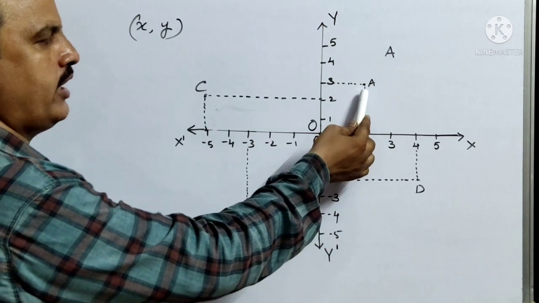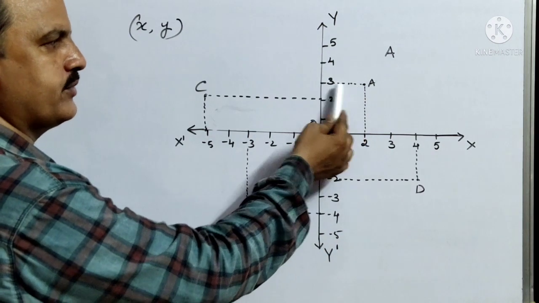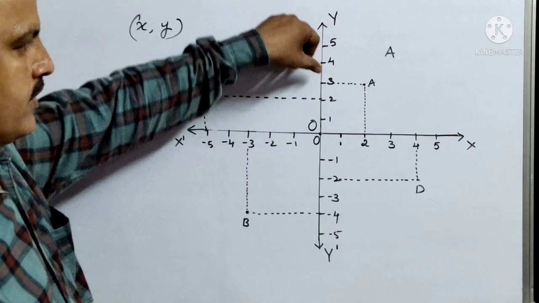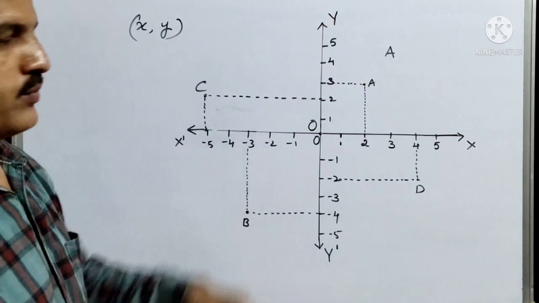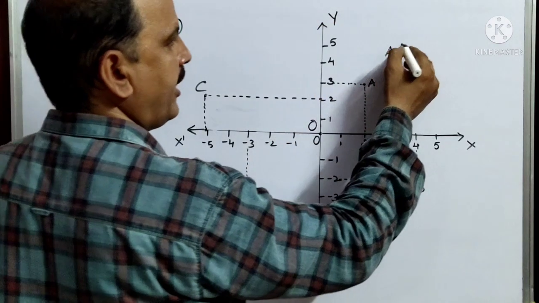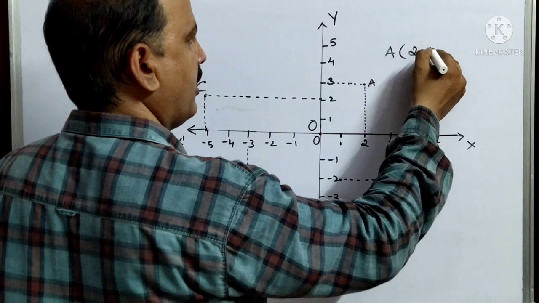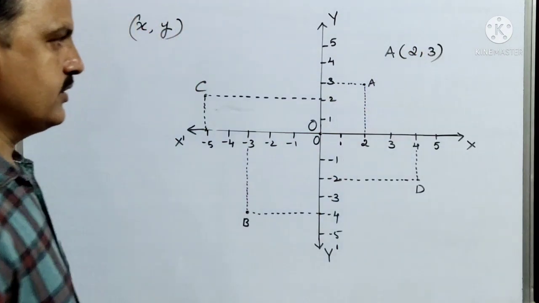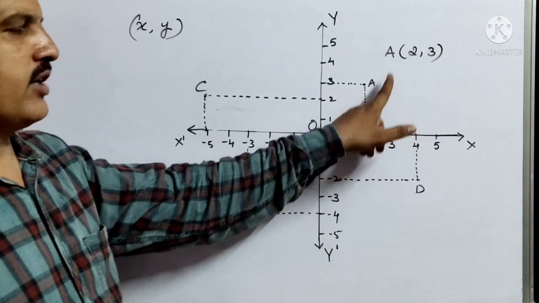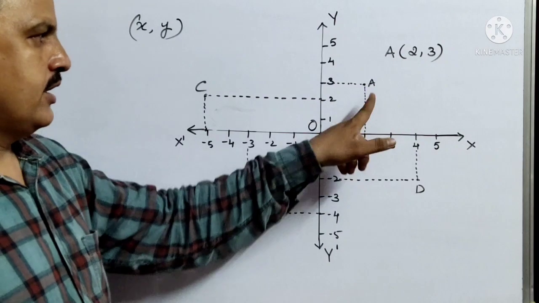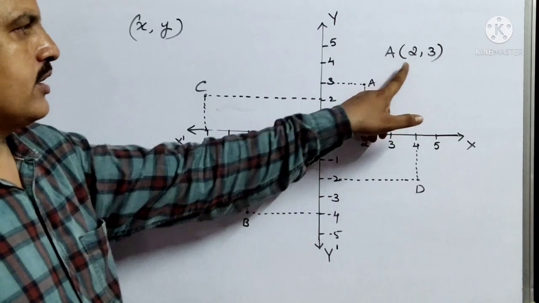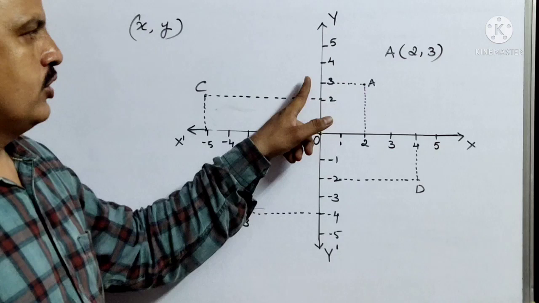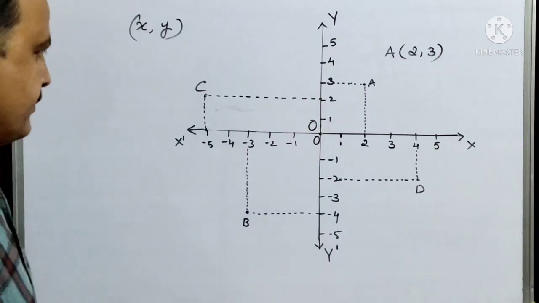And it went up to 3, that means it joined the point at 3 on the y-axis. So how to write point A now: 2, 3. Actually we have to write it here, but for understanding purposes I am writing it separately. A is (2, 3). That means the x coordinate is 2, the y coordinate is 3.